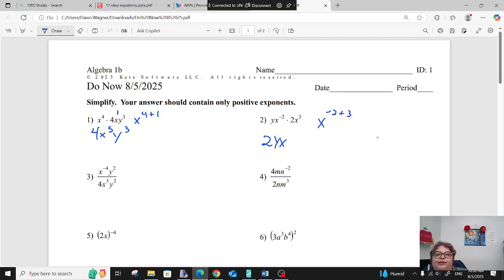You can do that if you want to. If you had 2y, x to the 3rd up here and then x to the 2nd down here, you would still have to subtract those exponents and you would still get it like this. But when it's all together in one row like this, you can just add them. You don't have to do that, but you should be able to get the same answer either way.